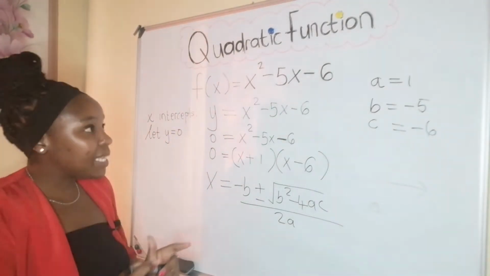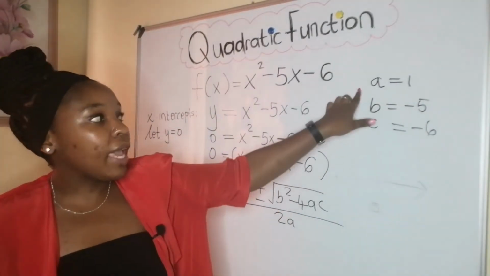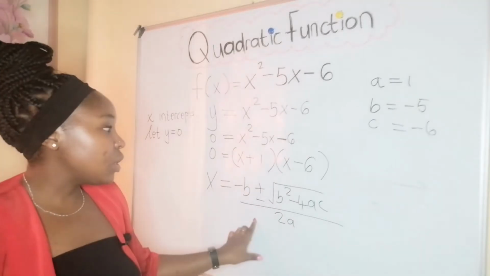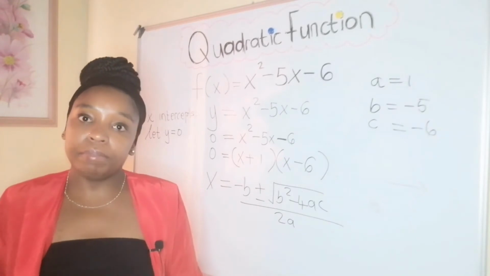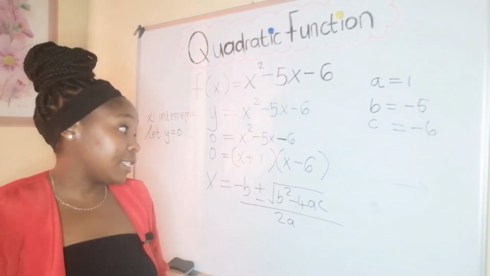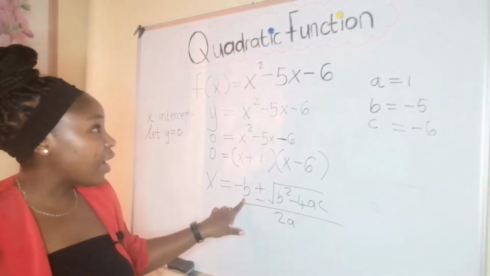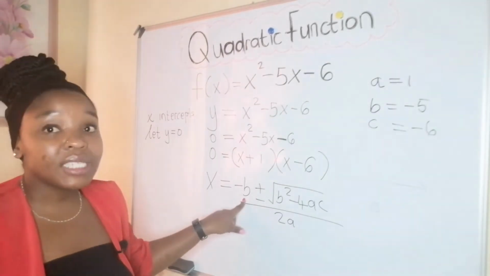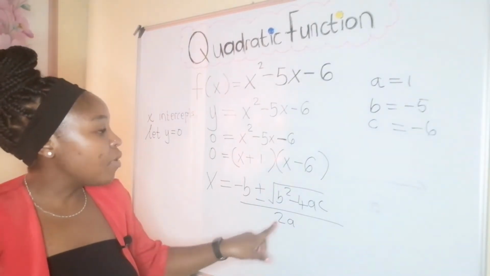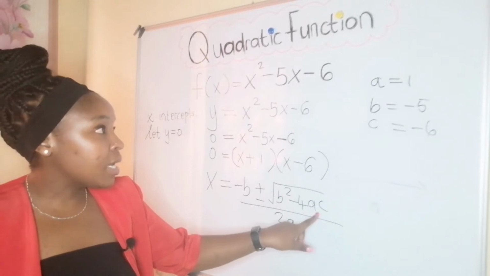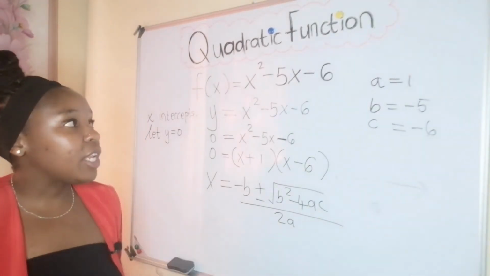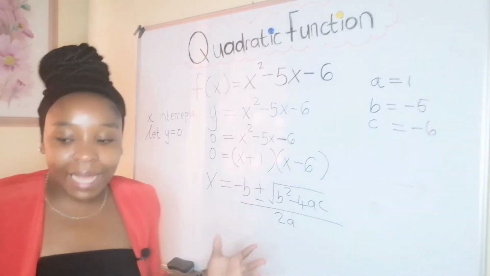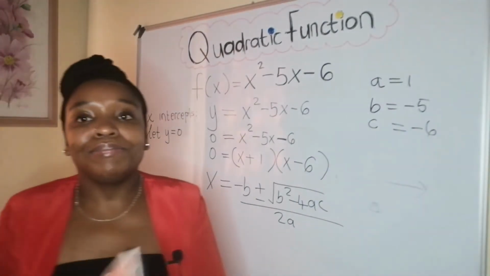And then you're going to simply substitute the values of our a, b, and c into this equation, and it will take you back to these x values that we got. Okay, so we found that the value of b is minus 5, so you're going to substitute that into the equation. We found that the value of a is 1. We found that the value of c is equal to minus 6. Simply, guys, take your calculator.